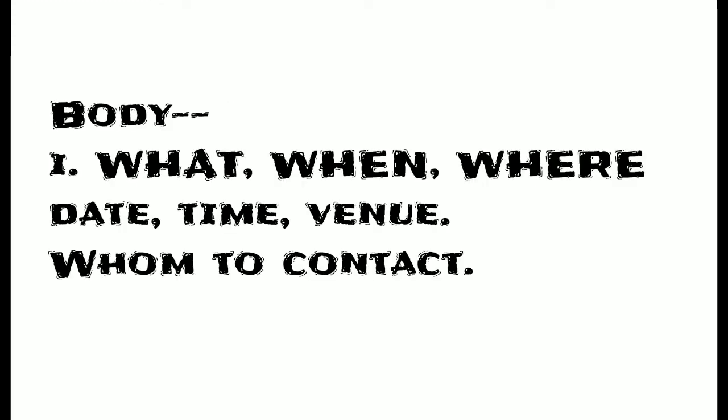Let us understand the elements of the body of the notice in detail. The first thing that it must contain is details of the event that answer what, when, where, including date, time, venue, and whom to contact. The second thing that it must have is the name of the event. For example, child labor in India, it could be an inter-school discussion.